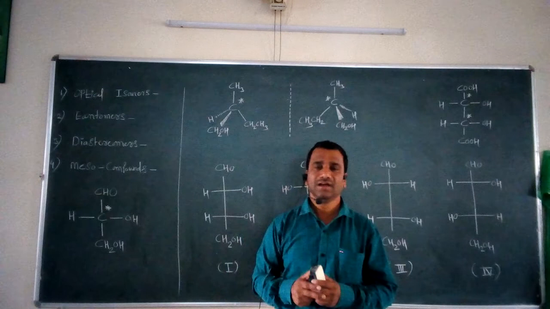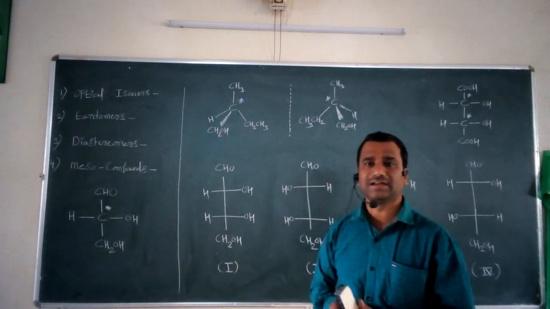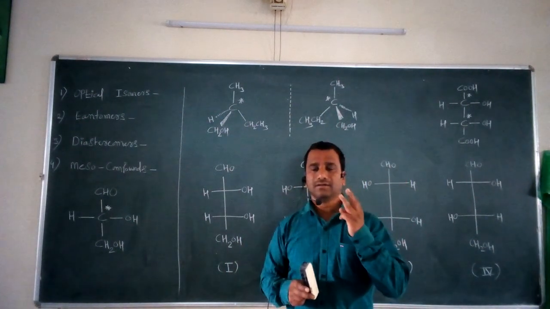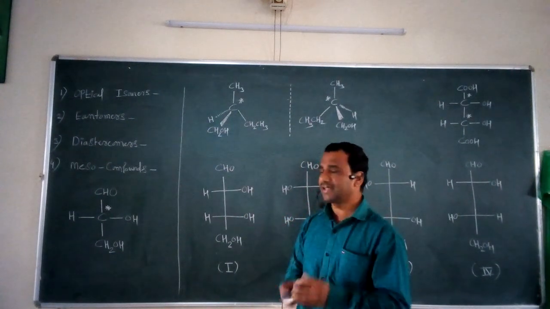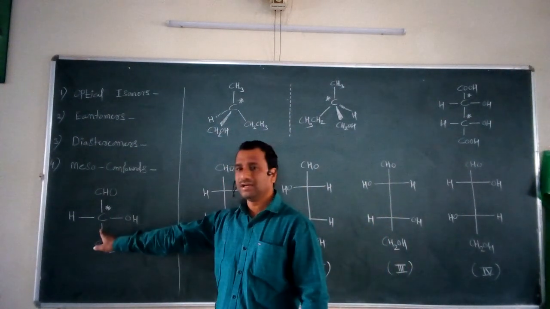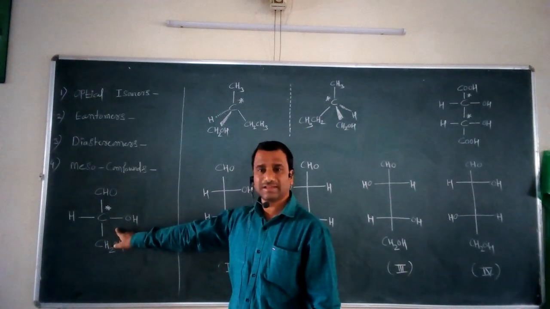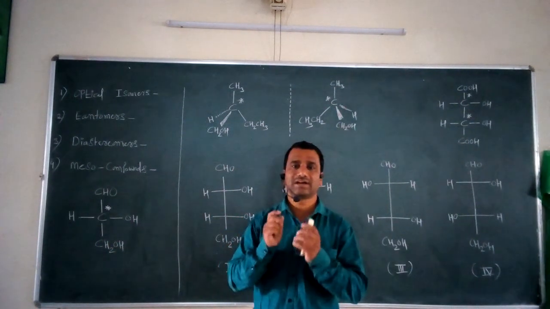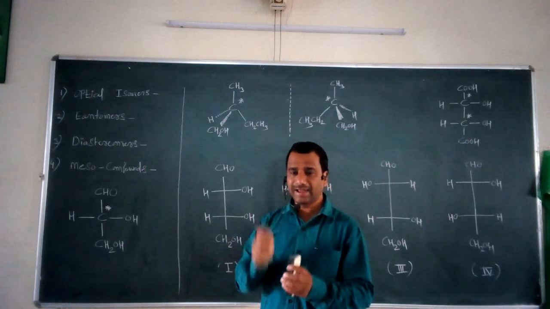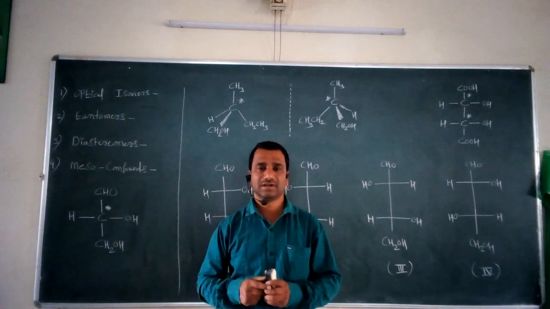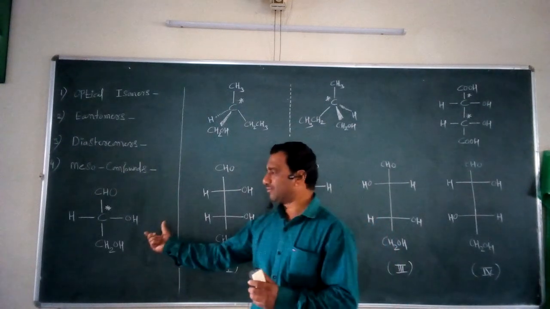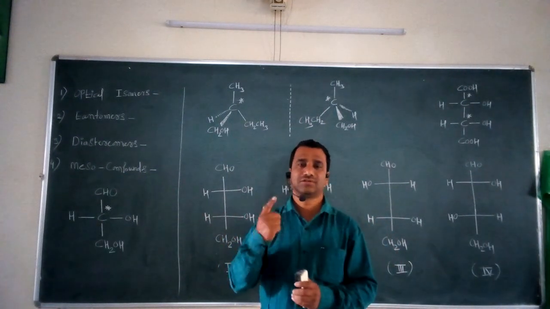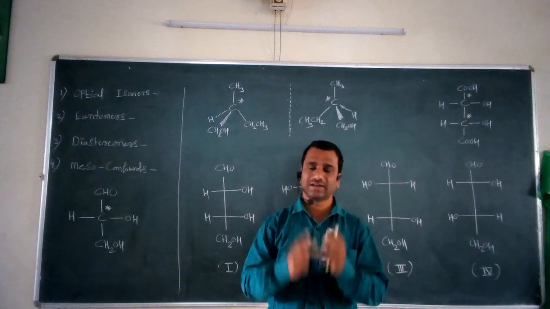So this carbon atom present in glyceraldehyde has four different types of substituents, and that's why it is called the chiral center, or the asymmetric carbon atom. As this compound consists of a chiral center, it is called an optically active compound due to the presence of the chiral center.